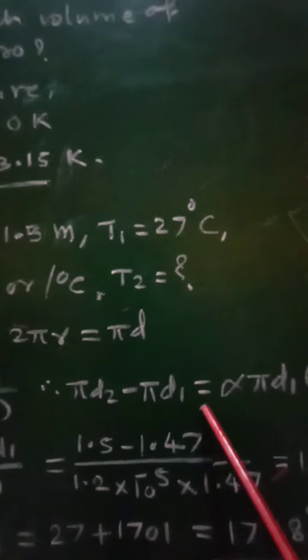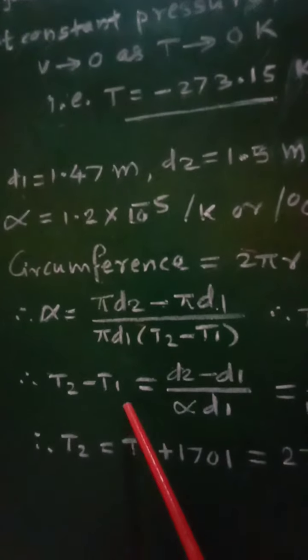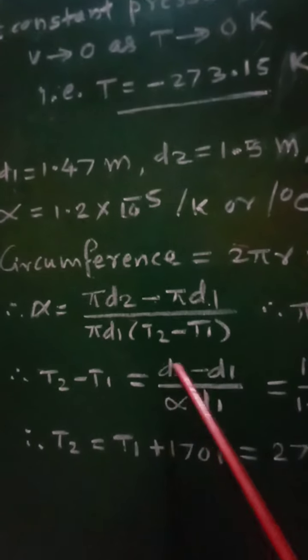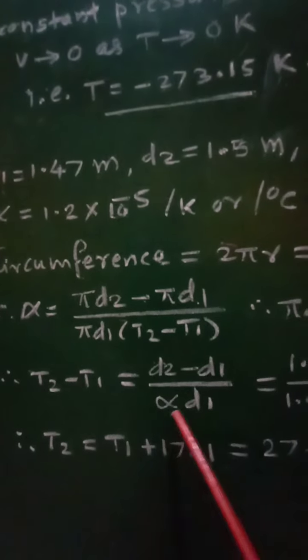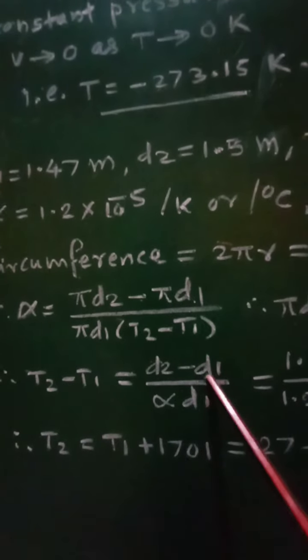From this we can write pi d2 minus pi d1 equal to alpha pi d1 into t2 minus t1, and therefore t2 minus t1 will be equal to d2 minus d1 upon alpha d1.